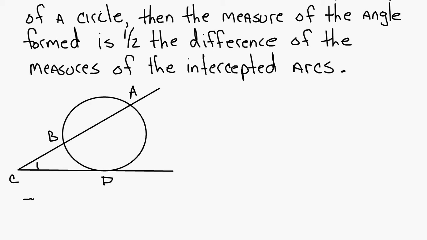So the measure of angle 1 is going to be equal to 1/2 of arc AD minus arc BD. And remember, when the arc is described with two letters, that's shortest distance. You go from A directly, shortest distance, to D. You don't go around the backside. It's a minor arc. So that angle is 1/2 of AD minus BD.